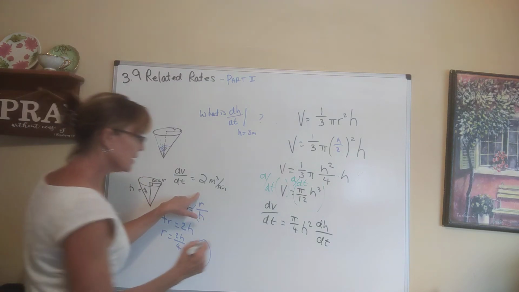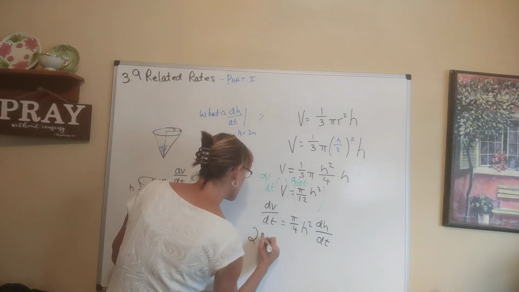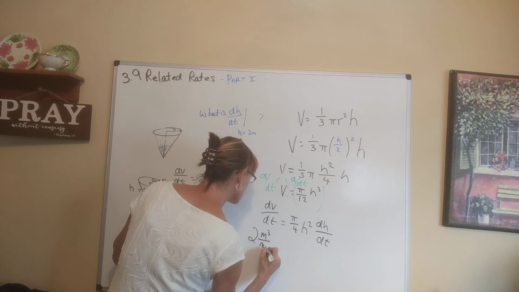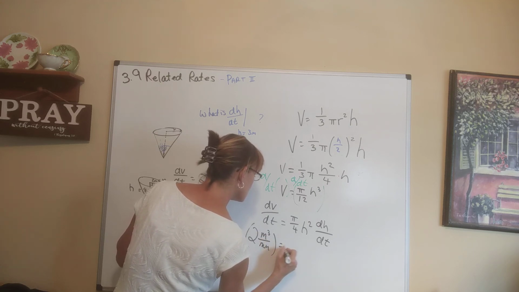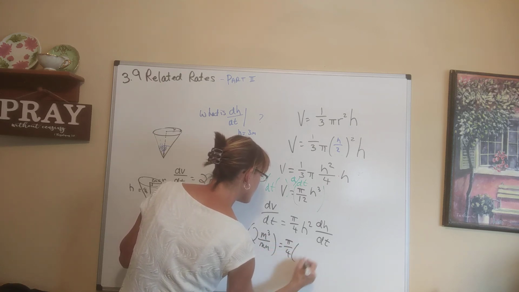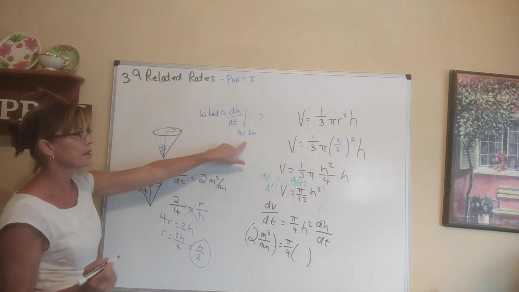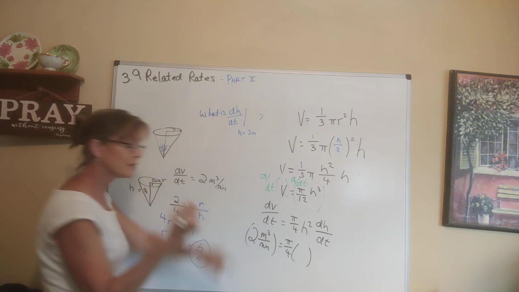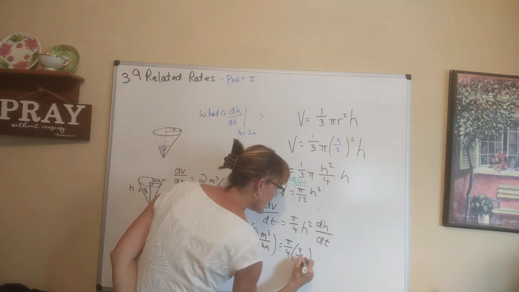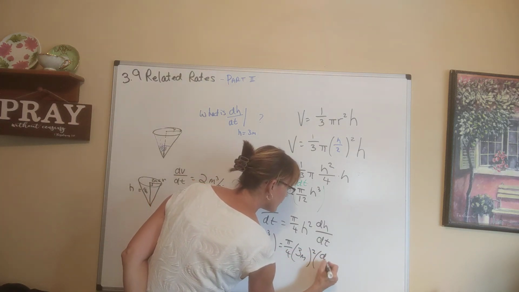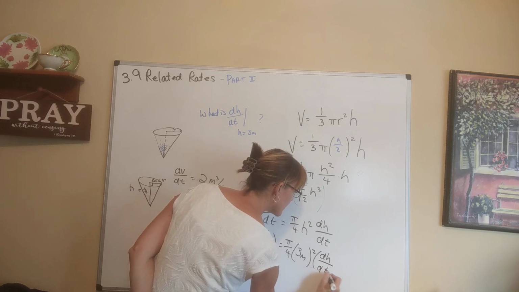We know that dV/dt is 2 cubic meters per minute. Pi over 4, where do we think h was? Oh, they said, now I plug this in. At the moment in time when h is 3 meters, and we're trying to find out what dh/dt is. And we can solve this.